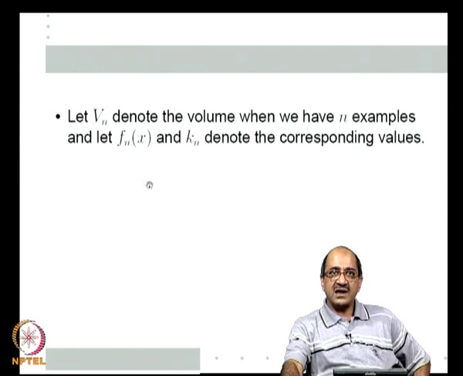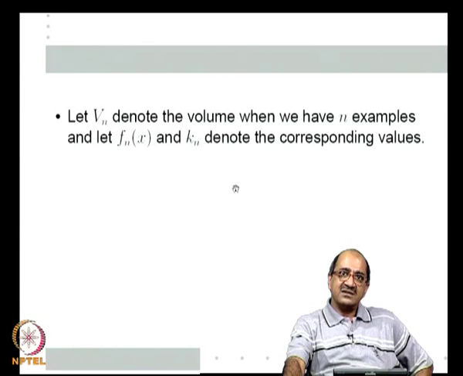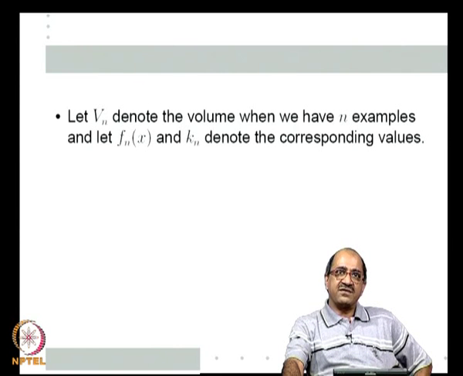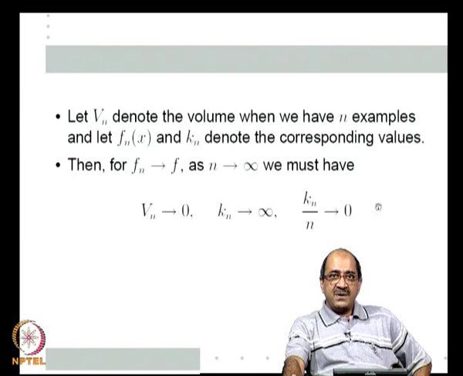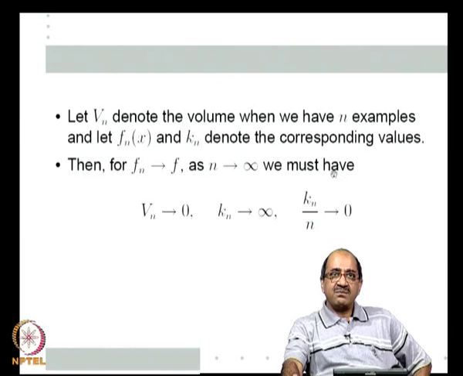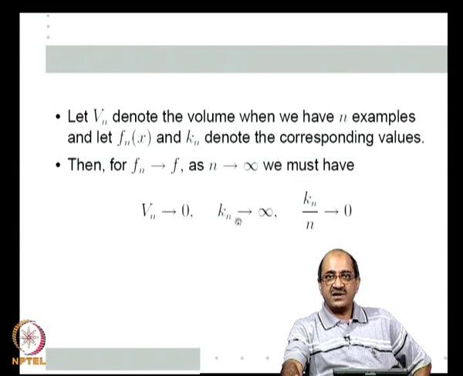The reason for putting n as a subscript is that now I can ask, at least theoretically, if n goes to infinity, am I getting a good estimate, right. So, we can ask, does f_n converge to f as n tends to infinity. Basically, for that to happen, my choice should be such that the volume element should shrink to 0 as n goes to infinity.